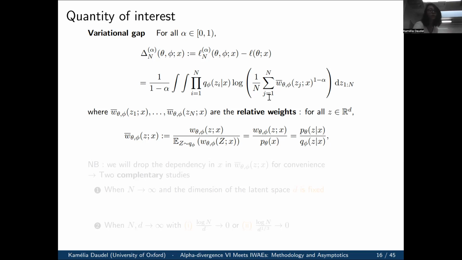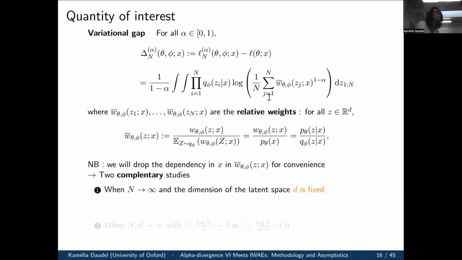I'm going to look at this variational gap, and in the rest of the talk, I'm going to be dropping the dependency in X in the weights. This is just for convenience because I don't want to have it everywhere, but you will know that it's there. So we will look at two complementary studies of this variational gap in two contexts.